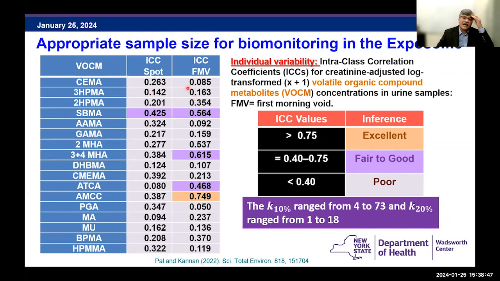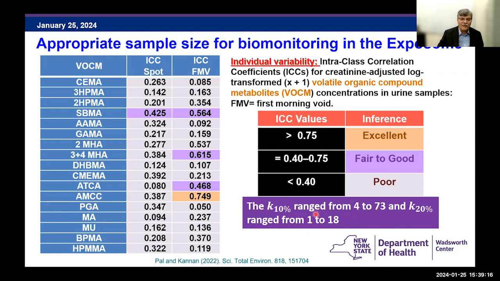So when we did a study with VOCs, volatile organic compounds, you can see the ICC values from the spot urine are less than 0.4 for most of the metabolites, except one. And when we use the first morning void, the early morning void, at least 3 or 4 have moderate to excellent ICC values, but then again, most of them are not good representation, which means one sample is not enough.